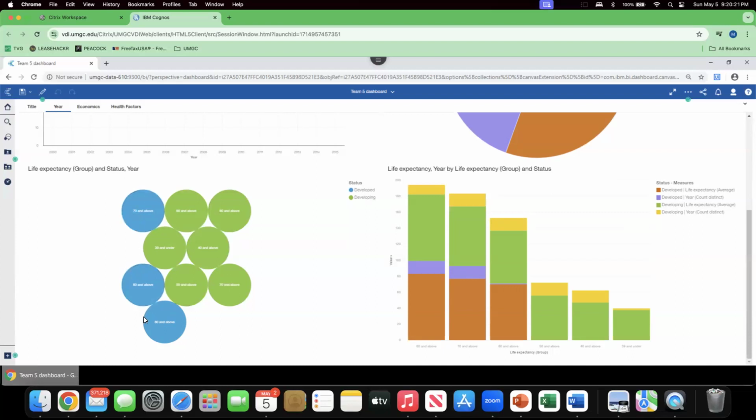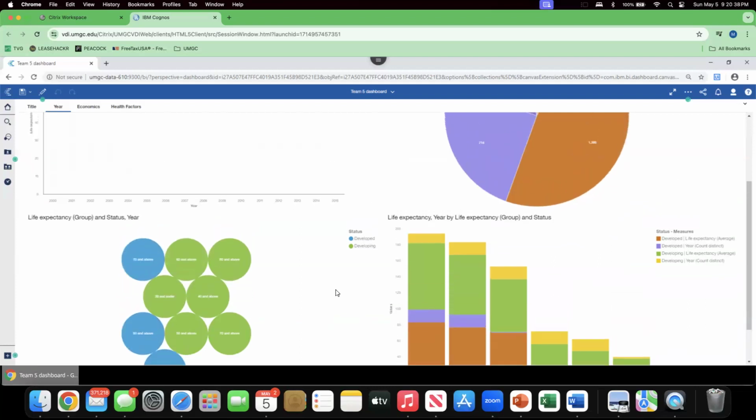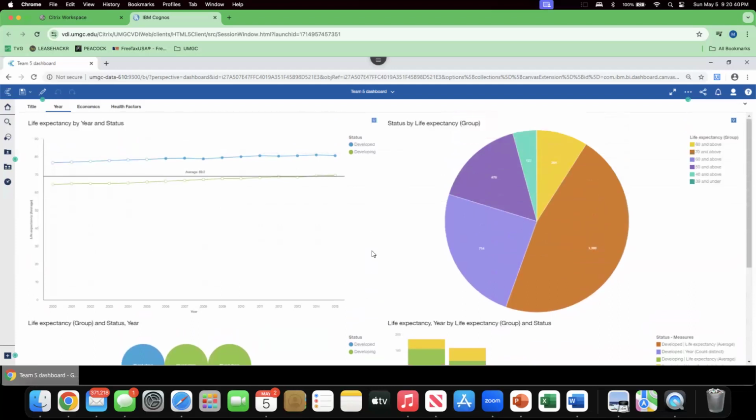The blue circles are indicative of the developed countries, and while there's 80 and above in here, the higher ones clearly are the developed countries. So telling the story with the pictures is the most important thing.